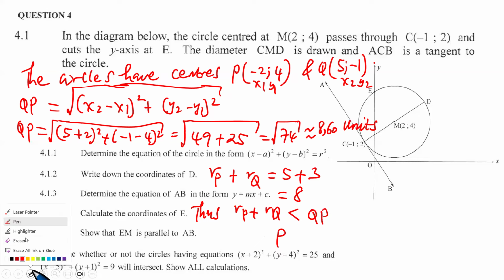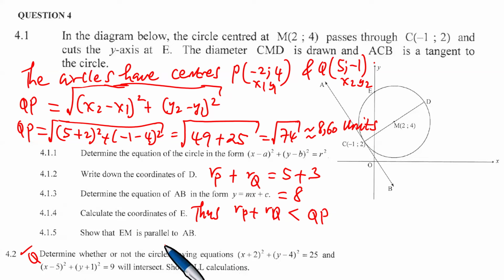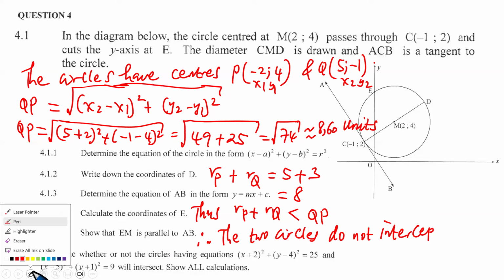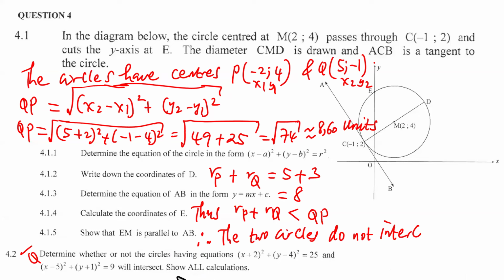From that observation, we're able to make the determination that therefore the two circles do not intersect.